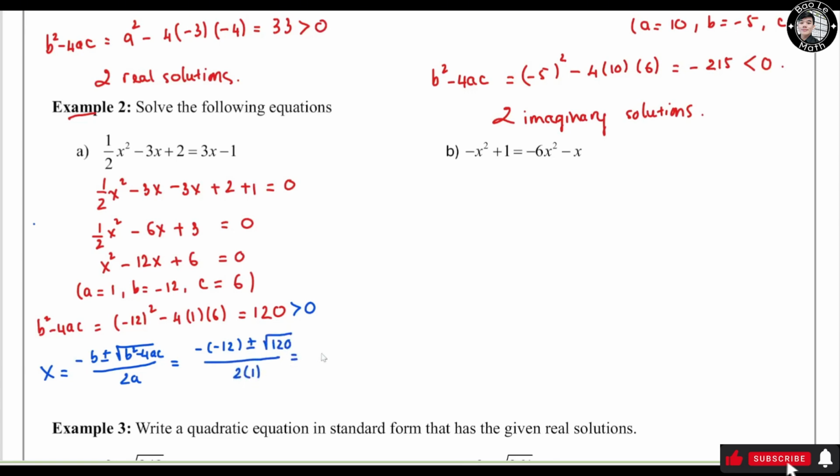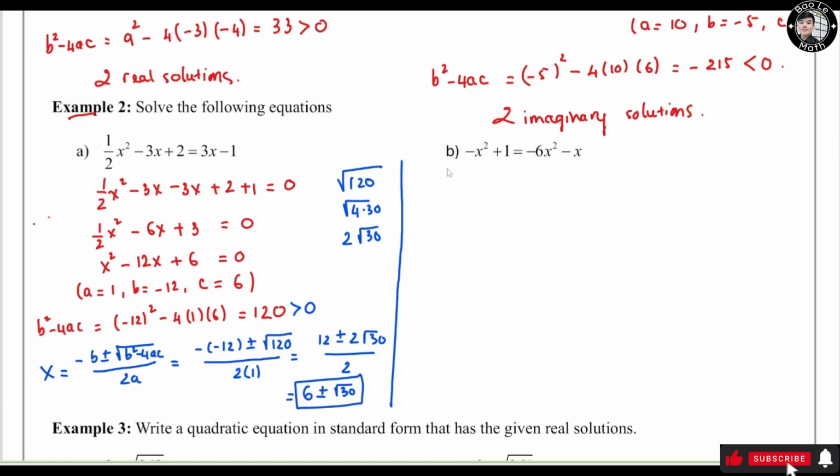So it's going to be 12 plus or minus square root of 120, which can be written as square root of 4 times 30. Bring the 4 outside, it turns out to be 2 root 30. So I have 2 root 30 divided by 2. Let me simplify this one, divide the top and bottom by 2. It's going to be 6 plus or minus root 30.